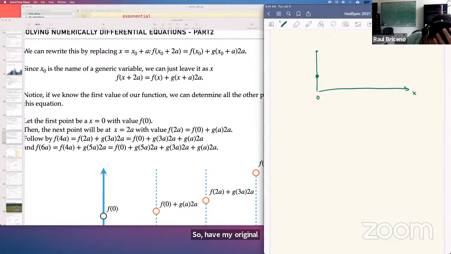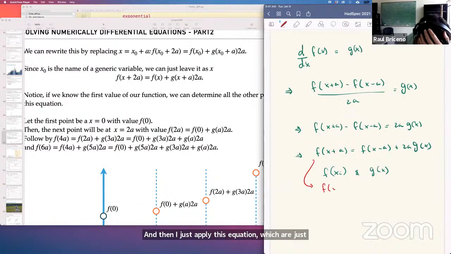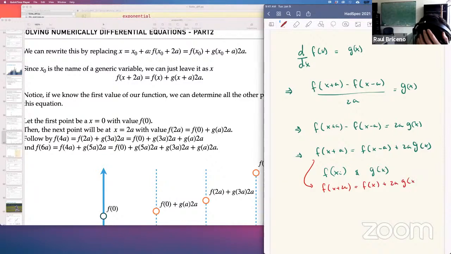So I know f at 0, right? And then I just apply this equation, which I just argued can be written as that, right?